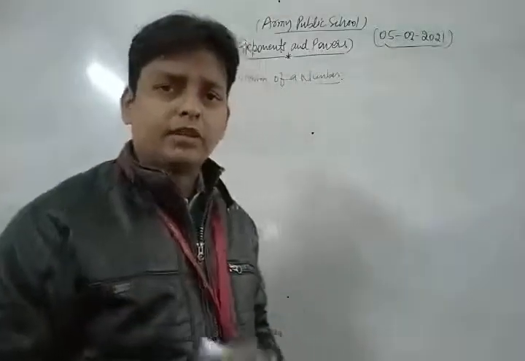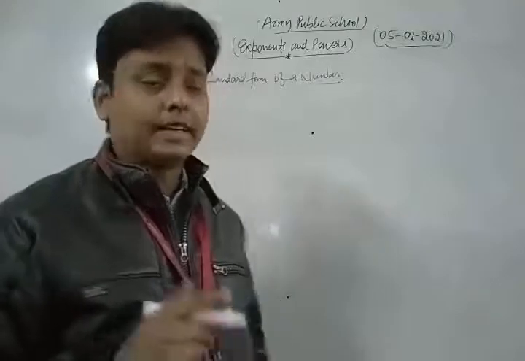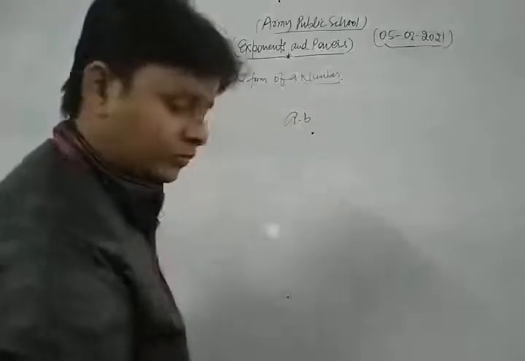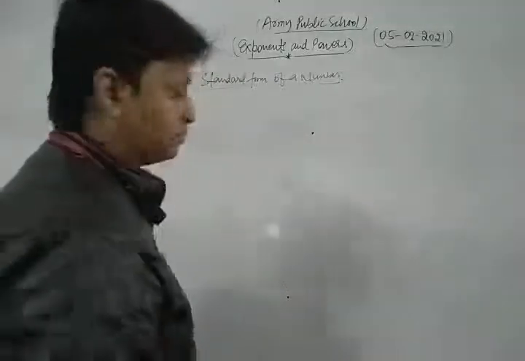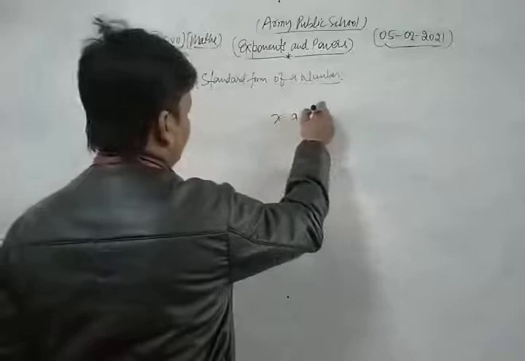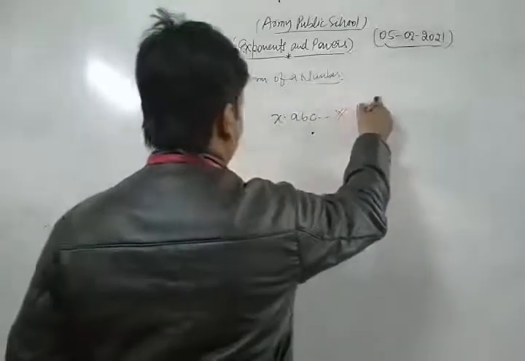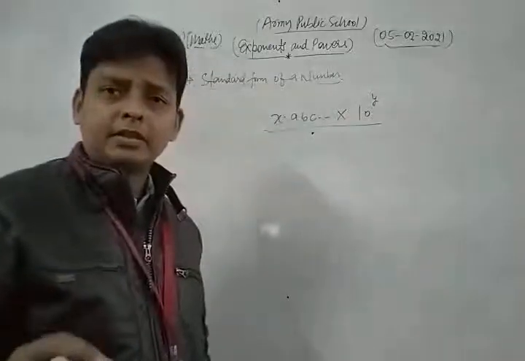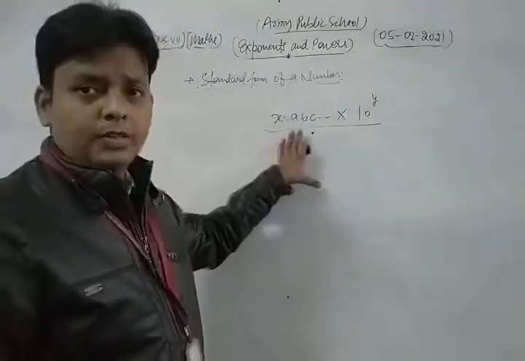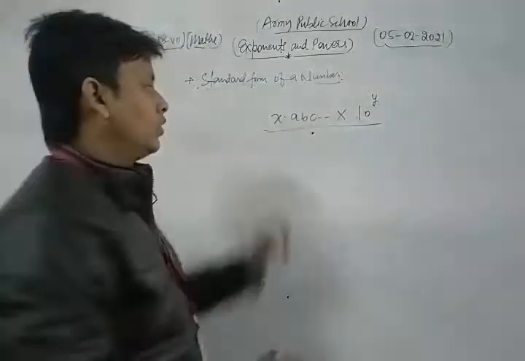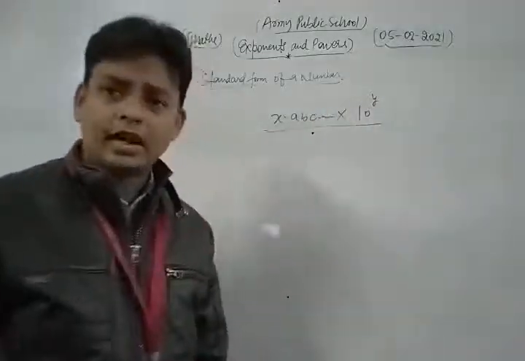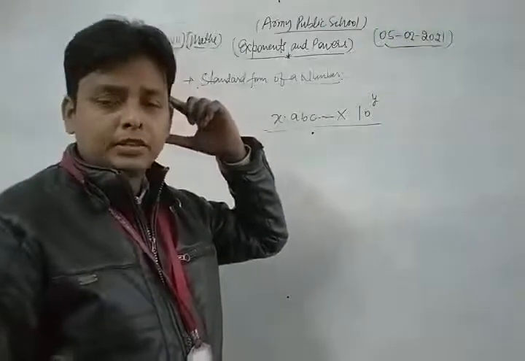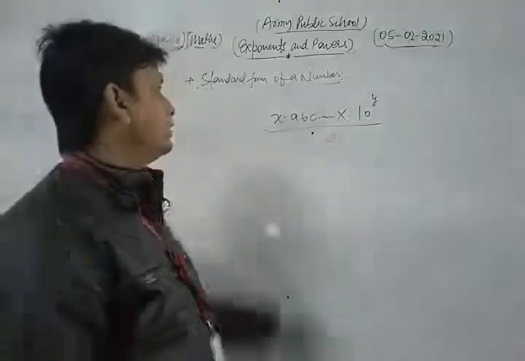Suppose we have a number and that number is written in this way: x point abc and so on, into 10 to the power y. If any number is represented in this format, then it is said to be in standard form.